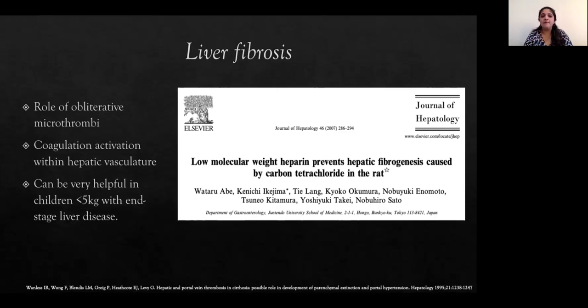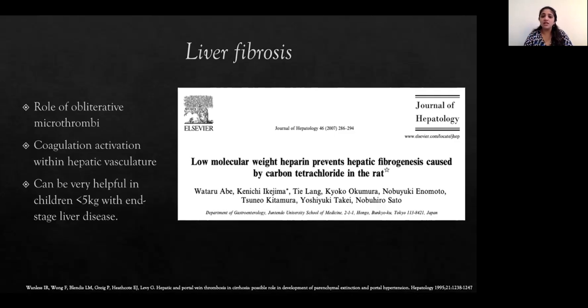children. However, we all know that the outcome for liver transplantation in kids less than 5 kilos is not as good as bigger kids. Also, the waitlist mortality for those kids is higher. And so if there is something we can do to slow this progression and make these kids grow, it will be very helpful.